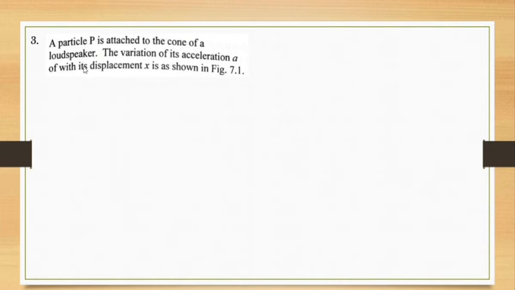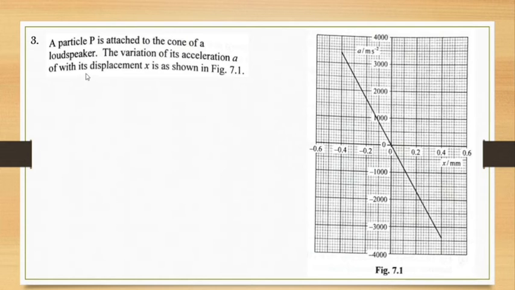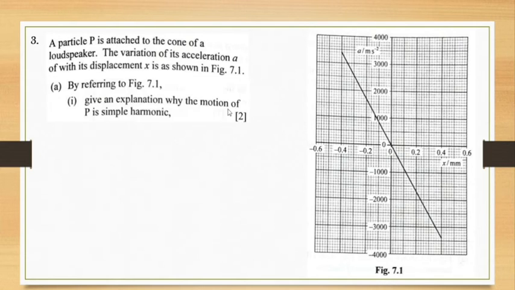Question 3. A particle P is attached to the cone of a loudspeaker. The variation of its acceleration a with its displacement x is shown in this figure. Now, by referring to this figure, you have to give an explanation why the motion of P is simple harmonic. Let's see this graph.